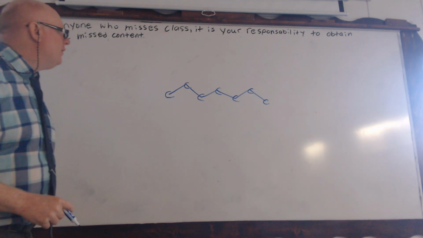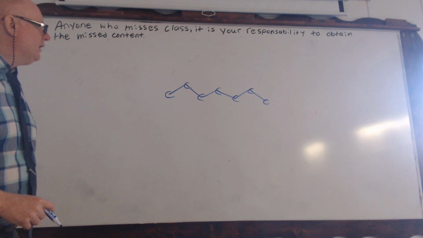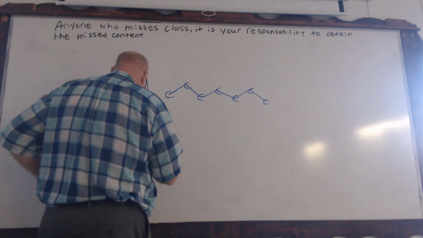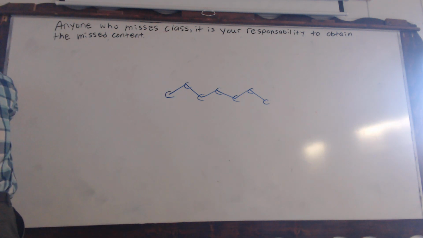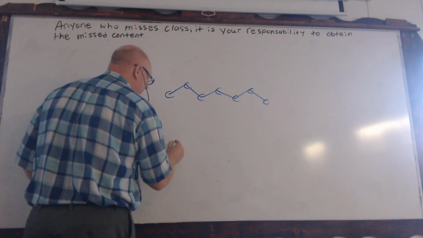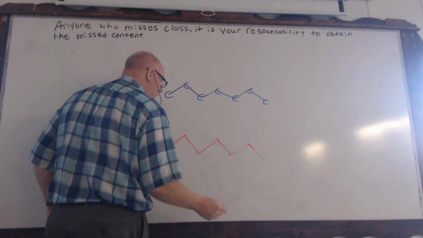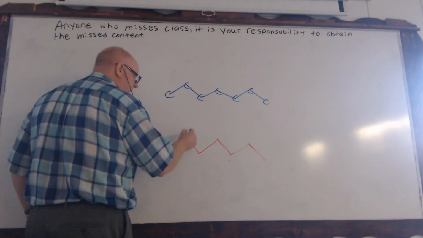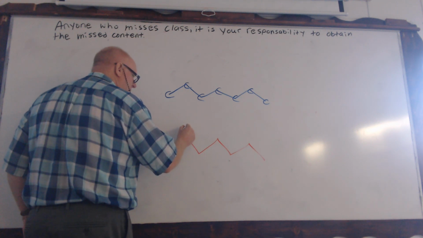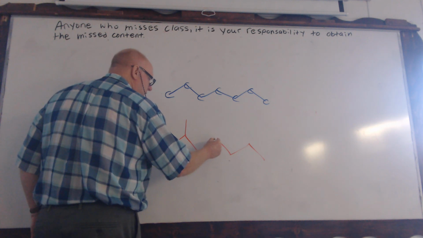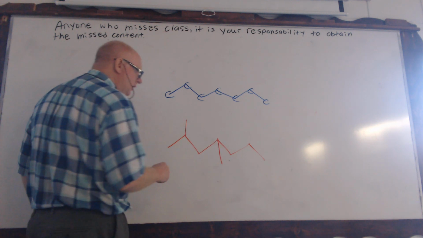Then one of the things that could happen with that, let's just go ahead and do the same thing down here. What about if you saw something like that and then that?